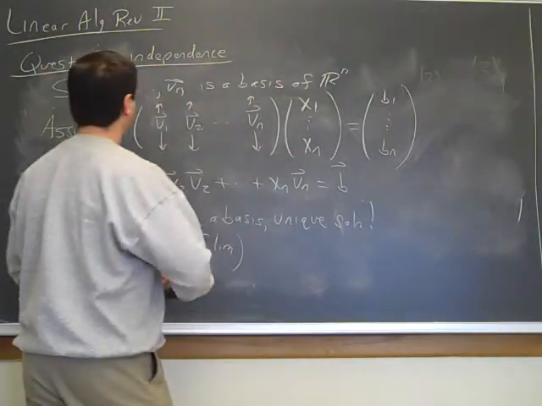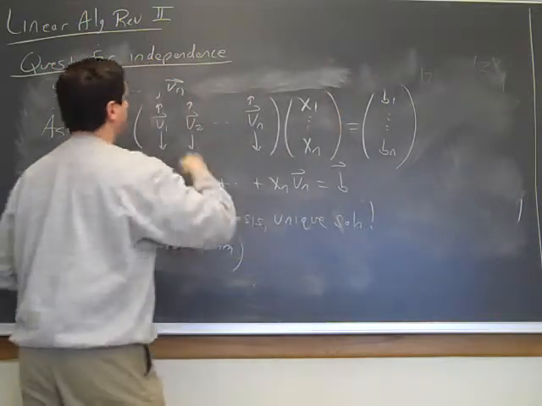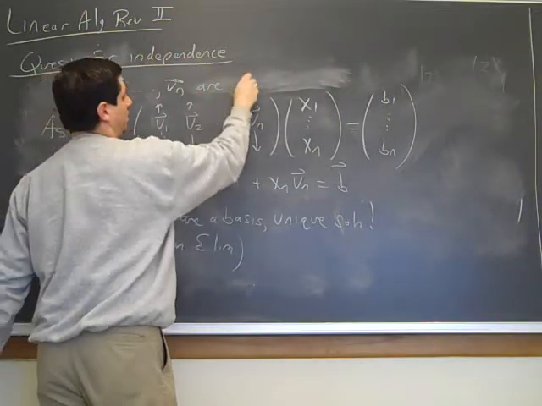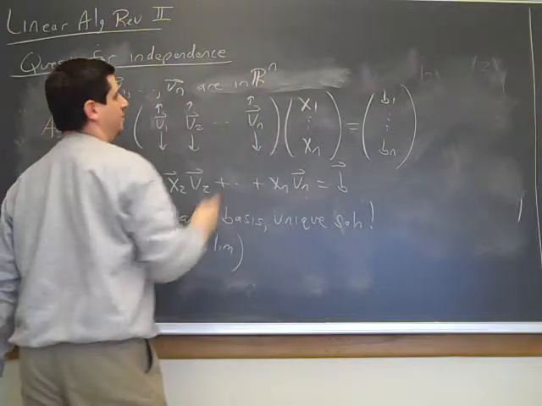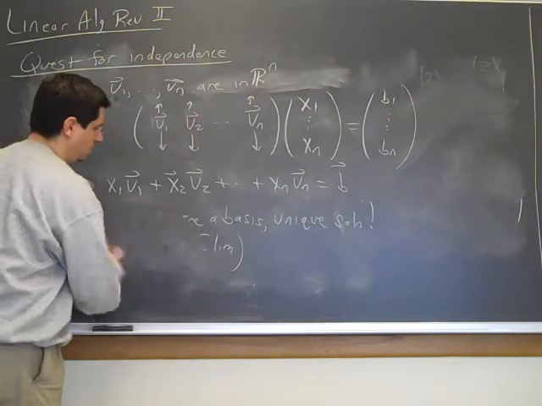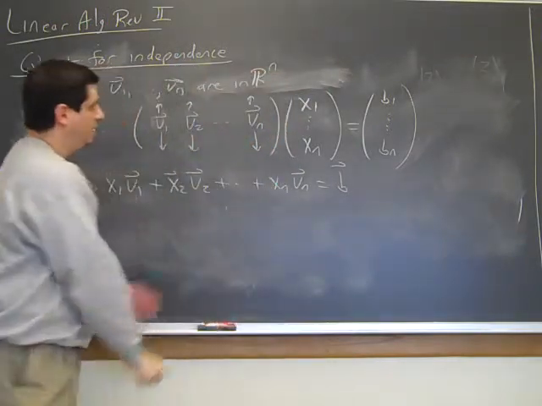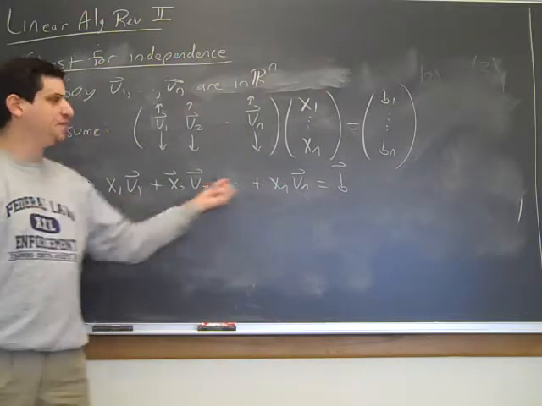Let's assume now that, say, V1 through Vn, instead of being a basis, are in Rn. So they may or may not be a basis. So now when we're trying to solve this equation, this matrix equation is the same as this.